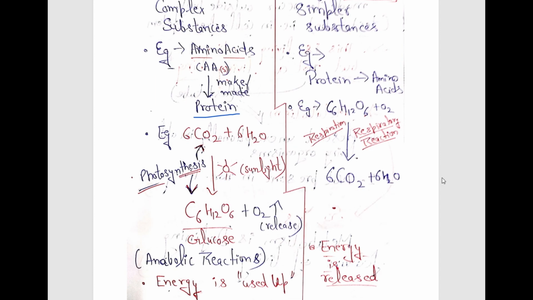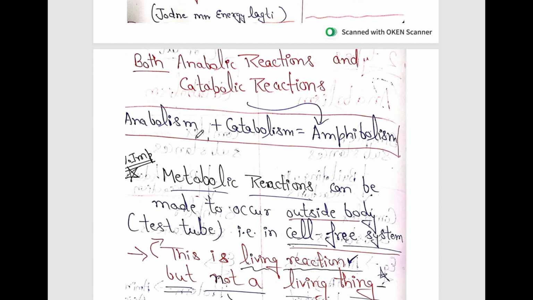Okay. Now, anabolism plus catabolism is called amphibolism. Amphibolism refers to the pathway that involves both anabolism and catabolism. To elaborate, amphibolism refers to dual metabolic pathways that function both anabolically and catabolically within the cell.